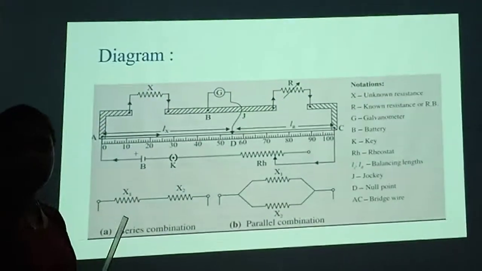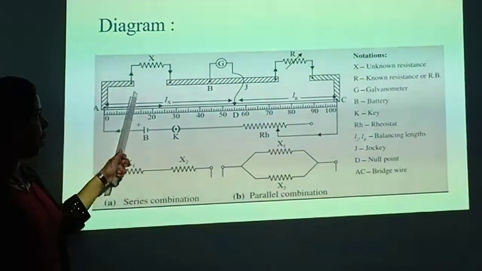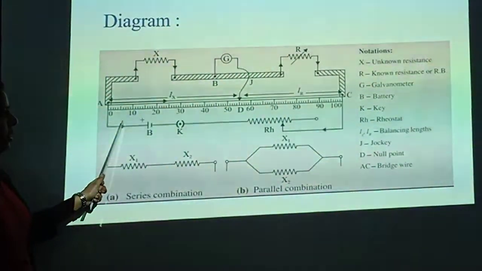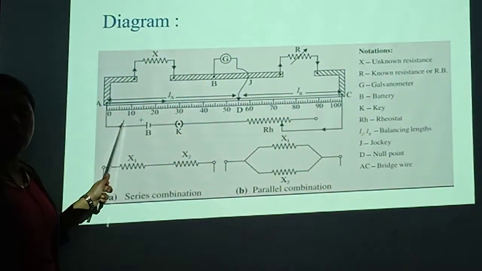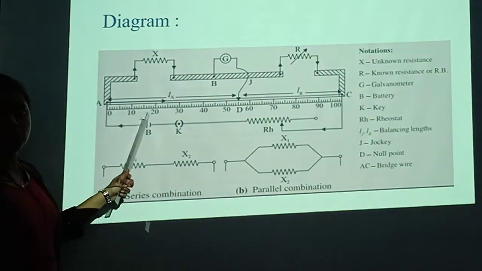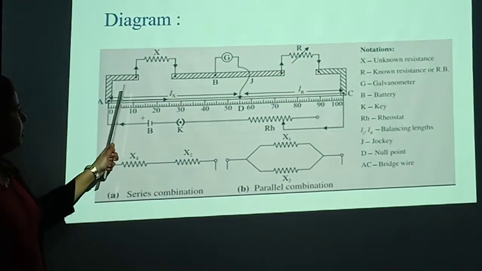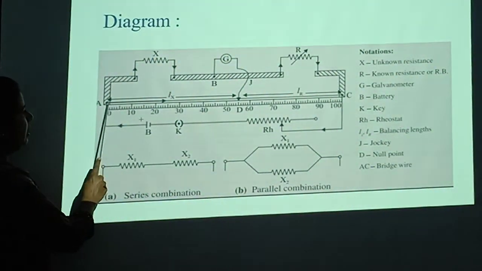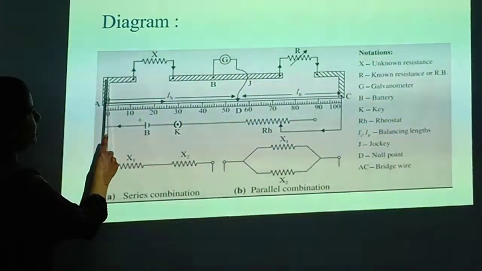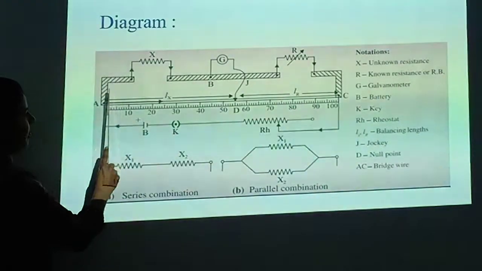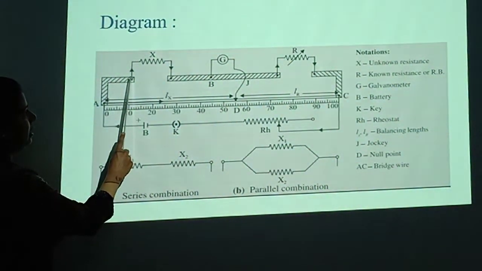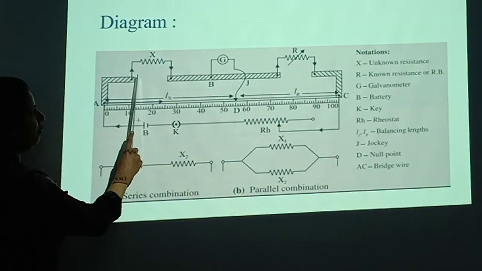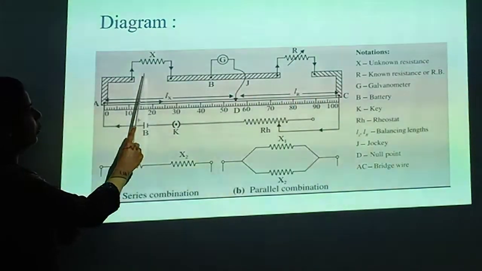This is the circuit diagram. Now just observe it. This is the actual view of your Wheatstone's meter bridge. The first end is here, and the current can flow from A through this point. These are gaps, and we have to fill the gaps with the unknown resistance.